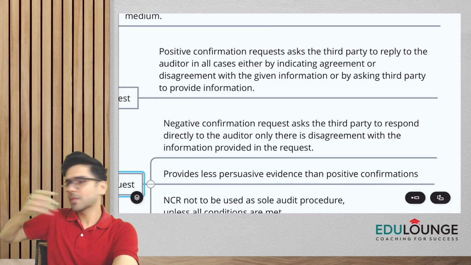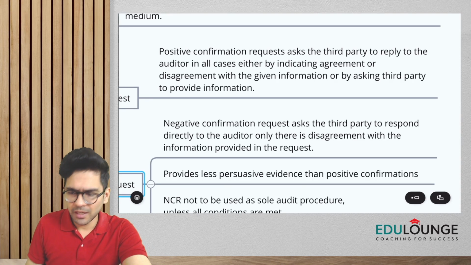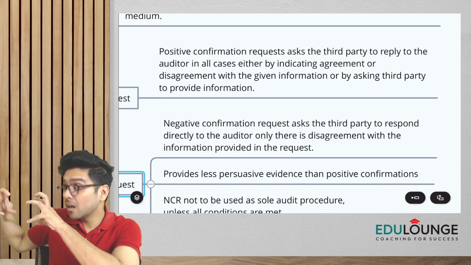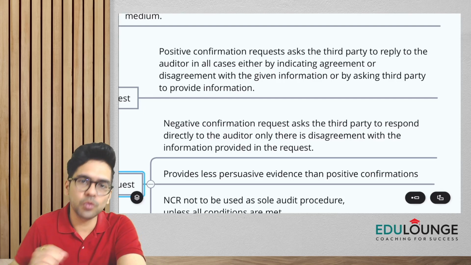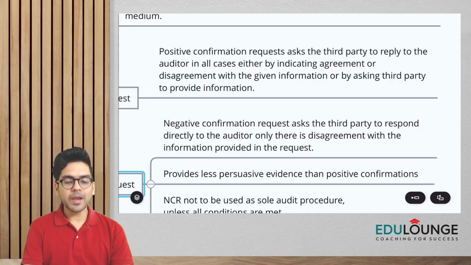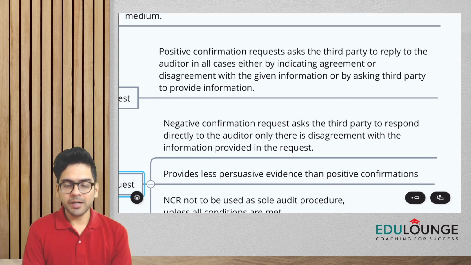So let's say I wrote a confirmation request to one of the debtors that in the books of my client, your balance is 3 lakh rupees, kindly confirm. So whether he agrees with this or not, he has to reply. A positive confirmation request asks the third party to reply to the auditor in all cases, either by indicating agreement or disagreement.